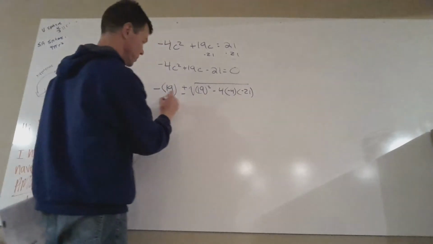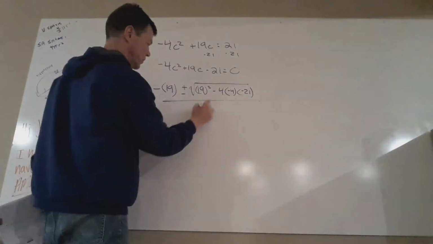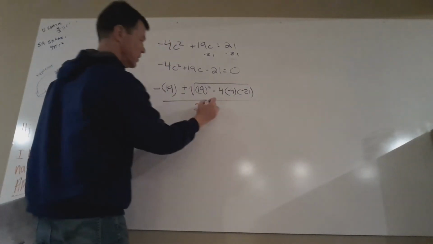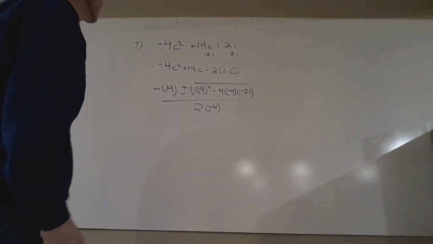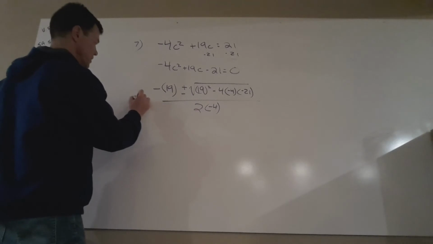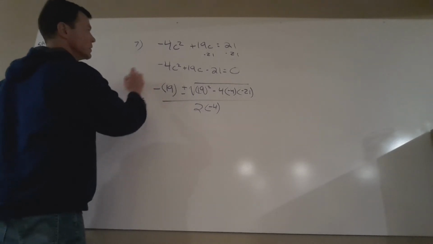We got some big numbers in there. All over 2 times A. All right, need to simplify this. C equals.